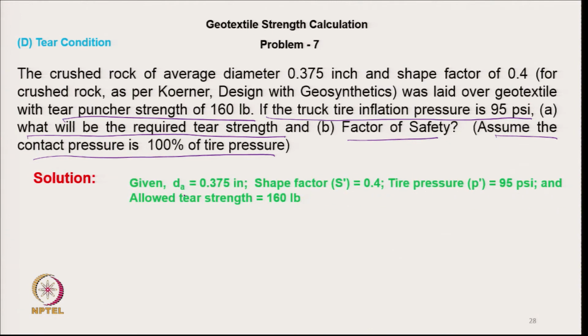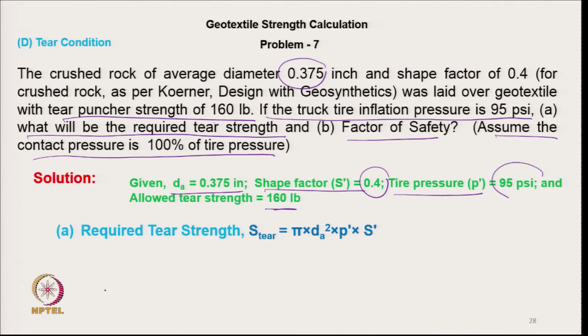Here, given the average diameter dA of the rock is 0.375 inch, shape factor is 0.4, tire inflation pressure is 95 psi, and the allowed tear strength is 160. So this is the allowed tear strength.